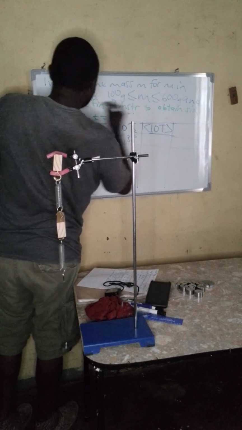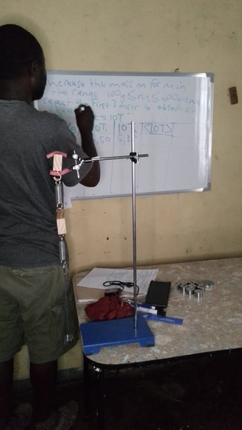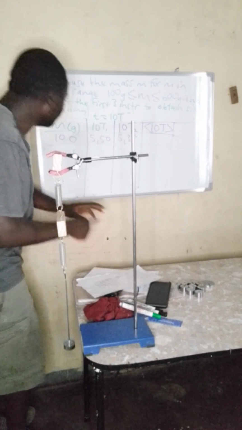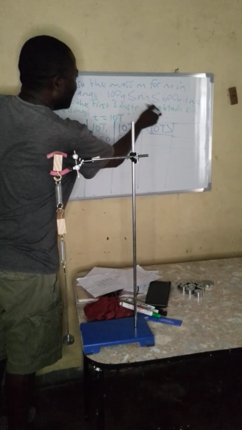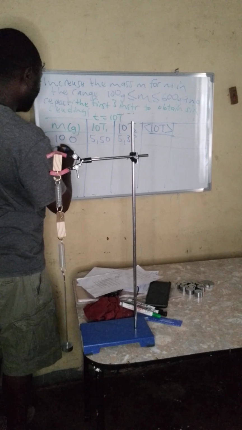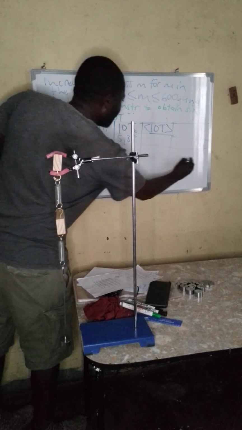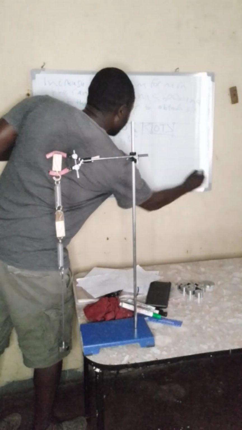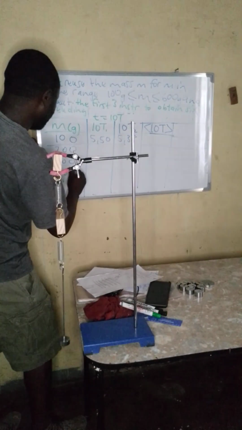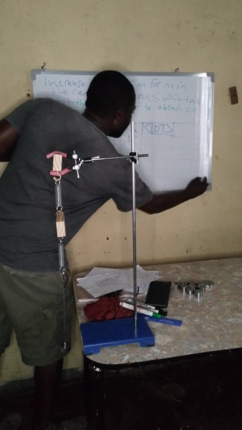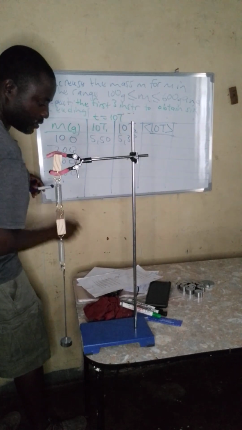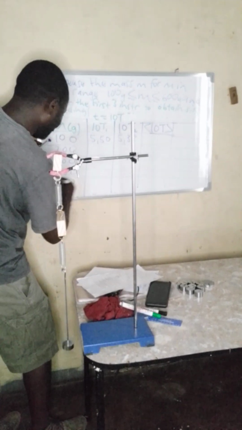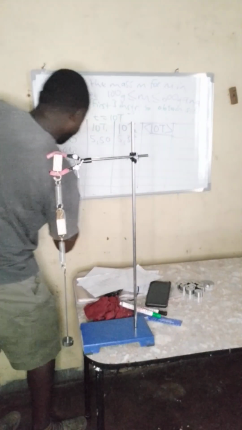So it means our table should have masses from 100 to 600. So our table should have 200 there, 300 there, 400 there, 500 and 600.